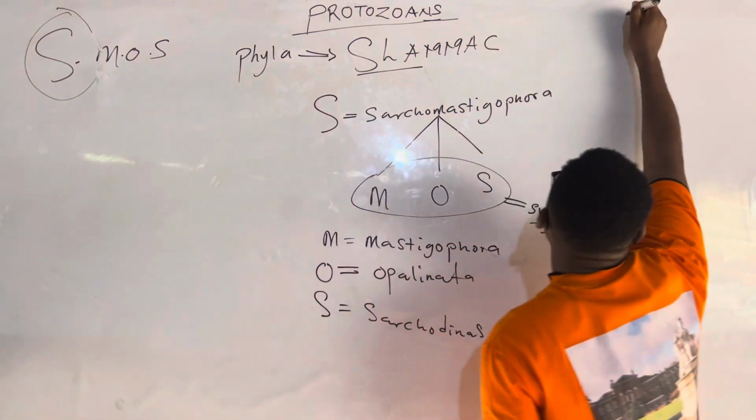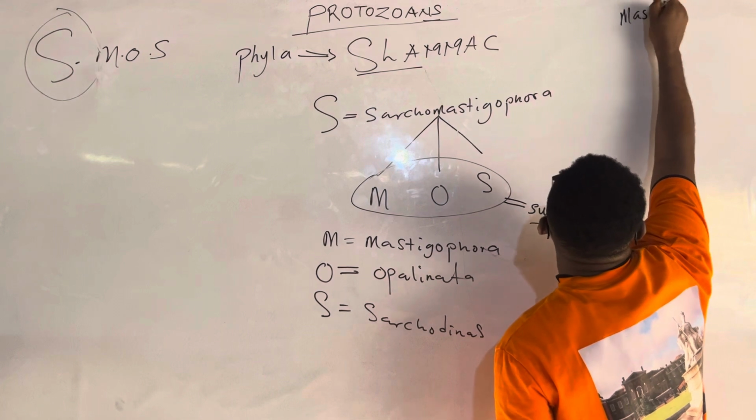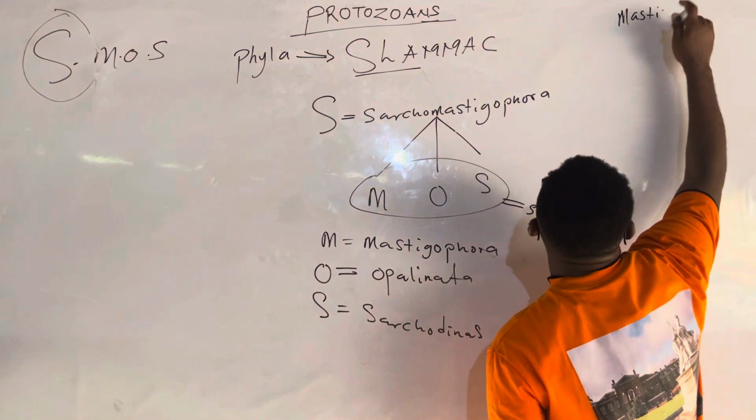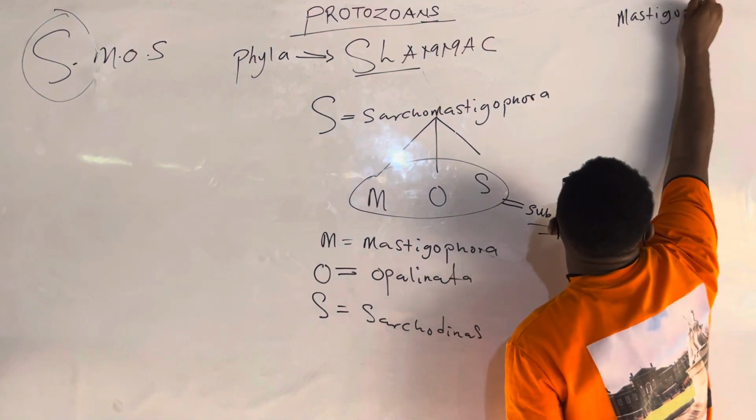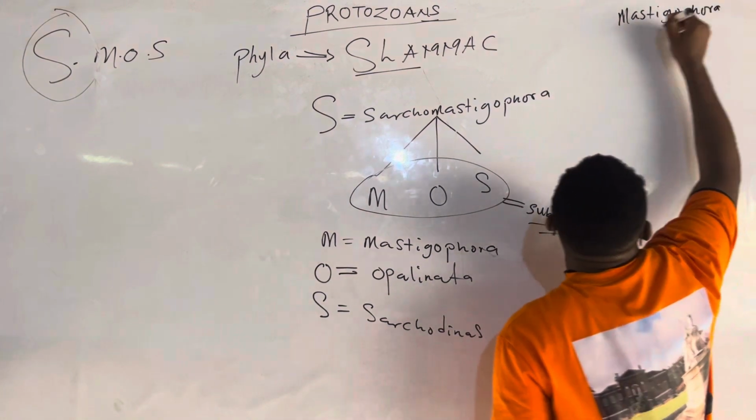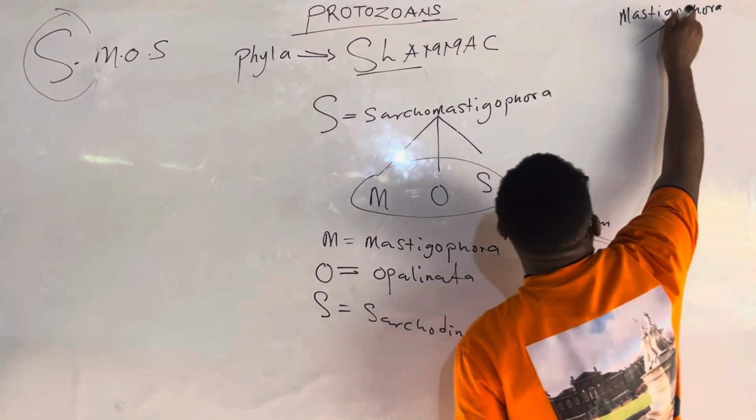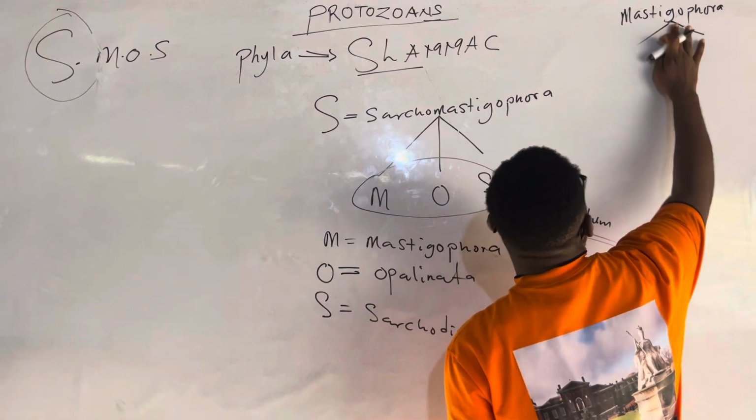So coming here now, Mastigophora are grouped into the following. Majorly 2 groups.